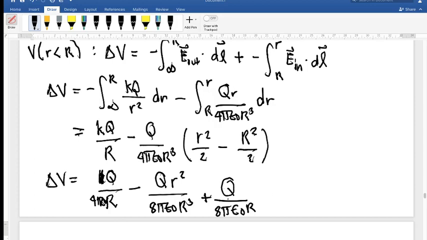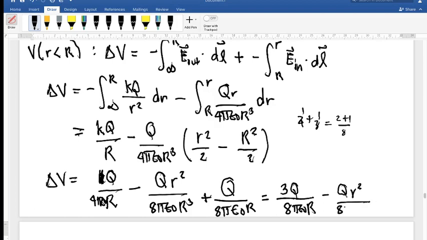So that is 1/4 plus 1/8. How much is that? 1/4 plus 1/8 is 2 plus 1, so we have 3/8. So we have 3q over 8 pi epsilon sub naught R minus q r squared over 8 pi epsilon sub naught R cubed.